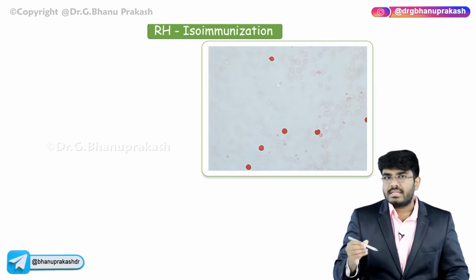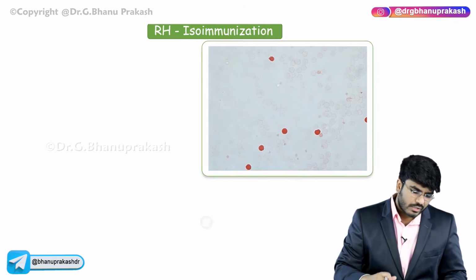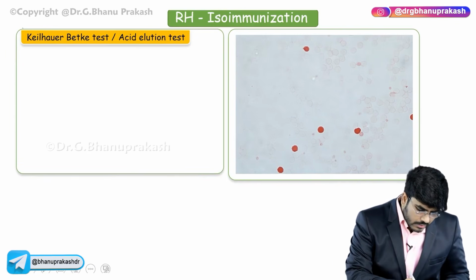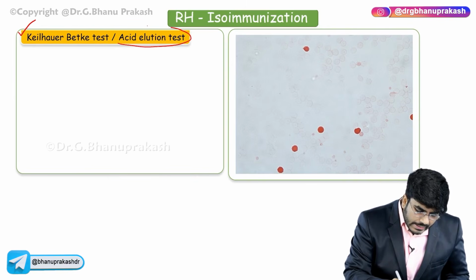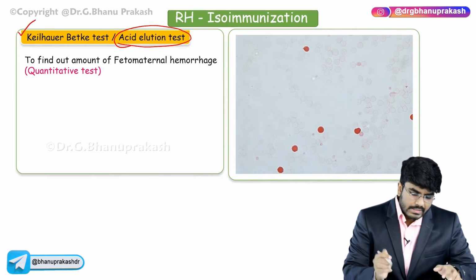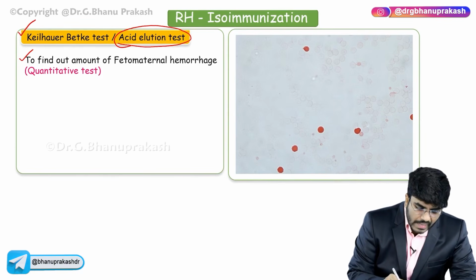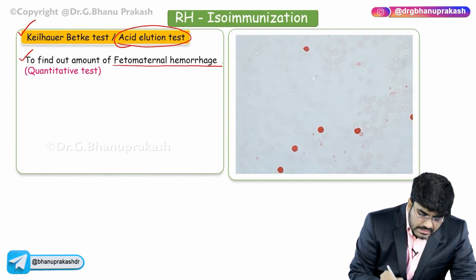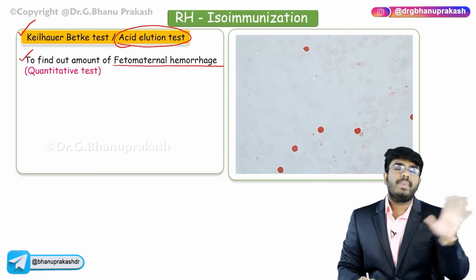Now, let's talk about a very important test which is known as the Kleihauer-Betke test. Okay, so the Kleihauer-Betke test or acid elution test. Now, what is the use of this test, sir? See, to know the amount of feto-maternal hemorrhage. So, what is the basics?